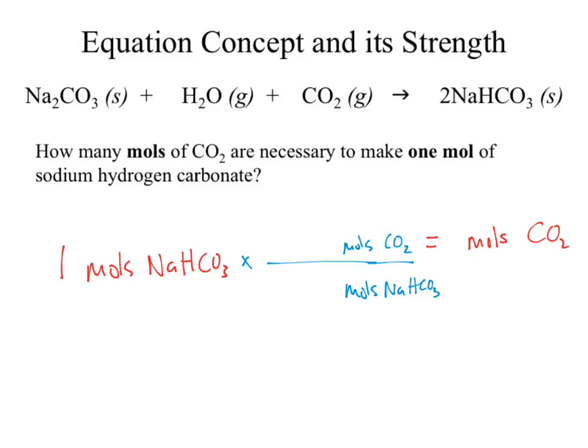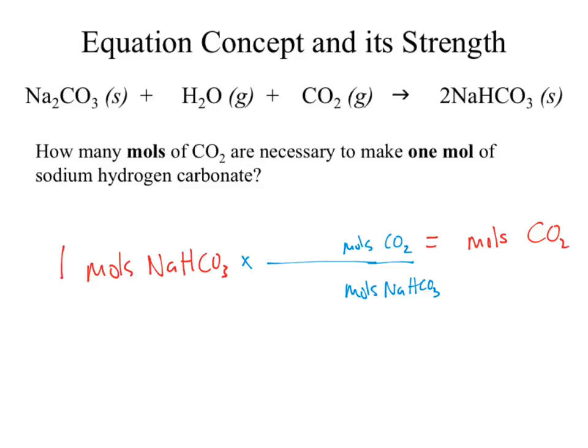This is saying moles, not molecules. So if I had 1 molecule of CO2, how many molecules of sodium hydrogen carbonate could I make? 2. Directly out of it. I changed that around on you, I apologize.